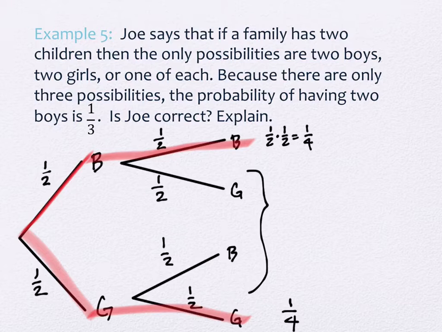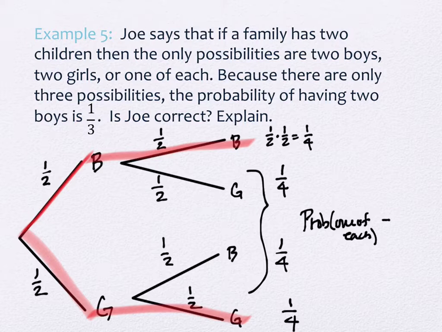One is having a boy first and a girl second. The other one is having a girl first and a boy second. So each of these are also 1/4. But if you consider the probability of having 1 of each, what do you actually get? 1/4, plus 1/4, 2/4, which is, yeah, Elizabeth said it is 1/2.